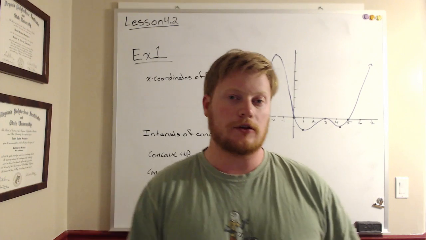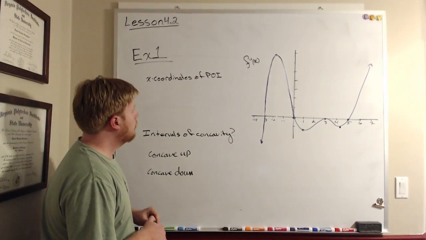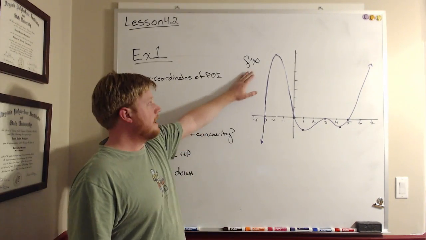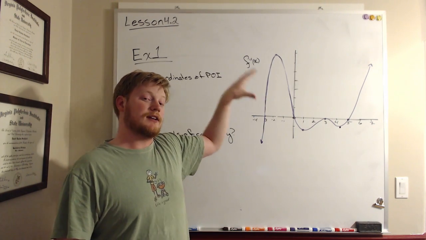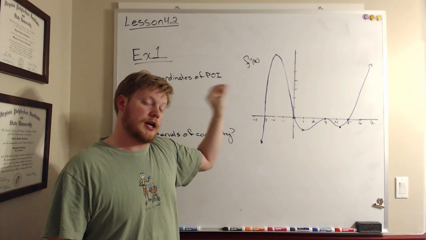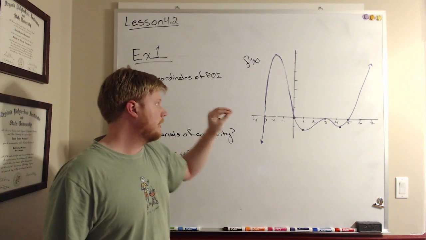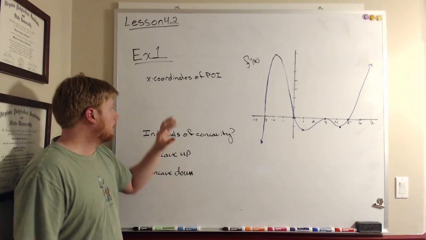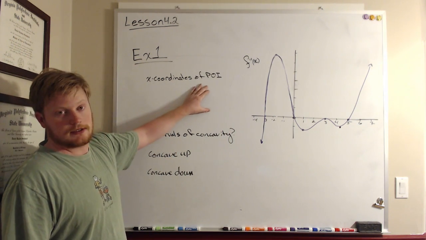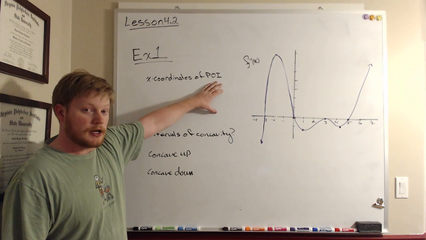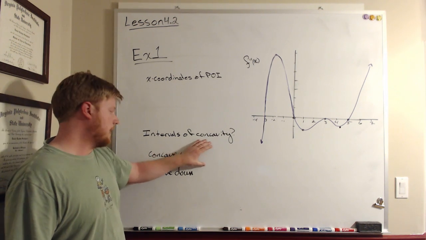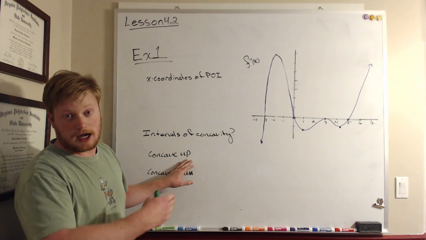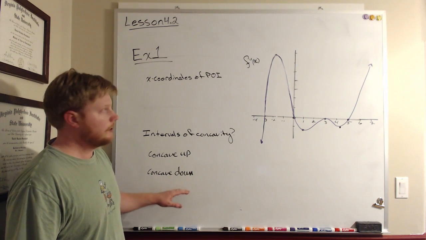Okay, so for our first example, we are given the graph of f double prime. So this graph represents the second derivative of some function f. All right, and using that graph, I want to first state the x-coordinates of points of inflection, and then state the intervals of concavity, where it's concave up and where it's concave down.